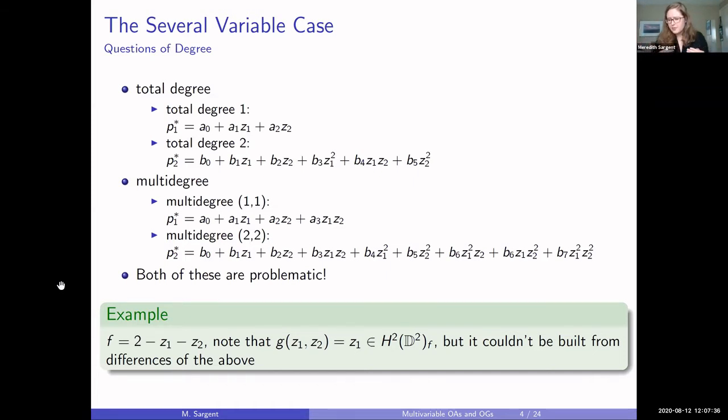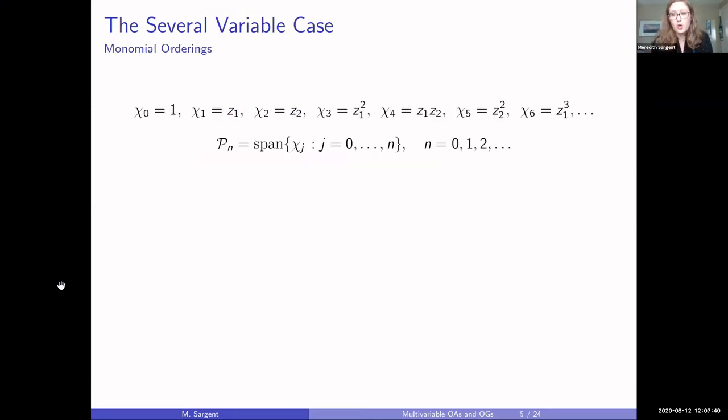So it turns out the way to solve this is to choose a monomial ordering. Now, the examples I'm showing today are in 2 variables, but this monomial ordering works for however many variables your little heart desires. You just set it. We chose the total degree ordering, which I think we call degree lexicographic, because z1s come first and higher powers of z1s come first, and then we go up by total degree.